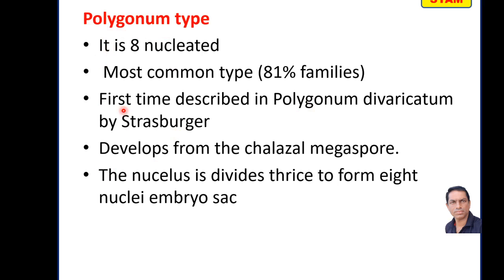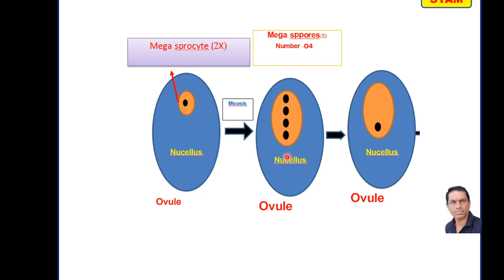In the Polygonum, during the development of the embryo sac, which side megaspore is functional? The chalazal side megaspore is functional. So we can easily understand the development of the monosporic embryo sac diagrammatically.